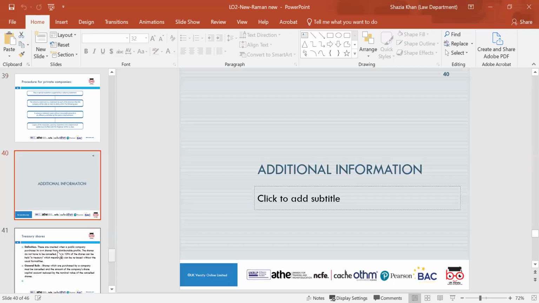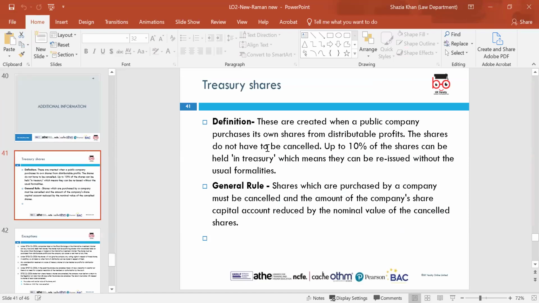Additional information for your own reading: things like treasury shares, what they are, what the elements of treasury shares are, and the general rule that shares which are purchased by a company must be cancelled, the amount of the company's share capital account reduced by the nominal value of the shares.